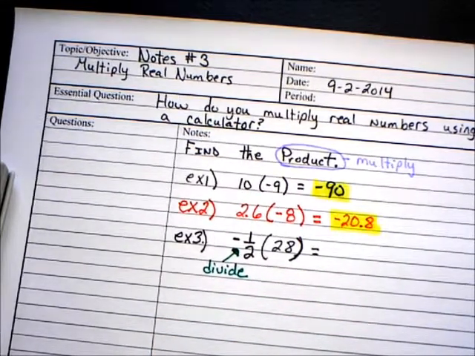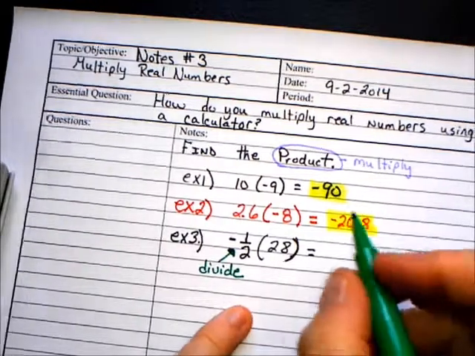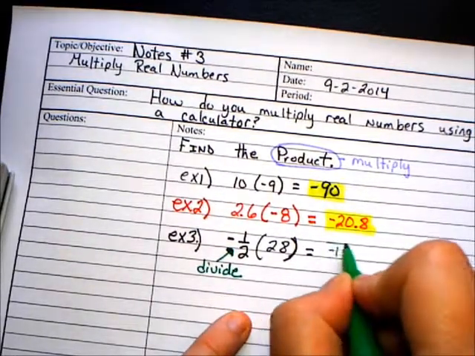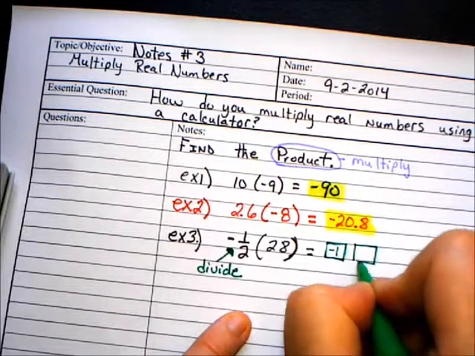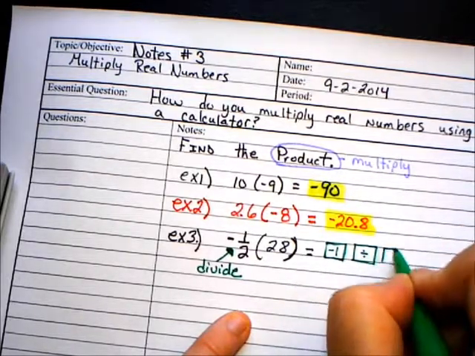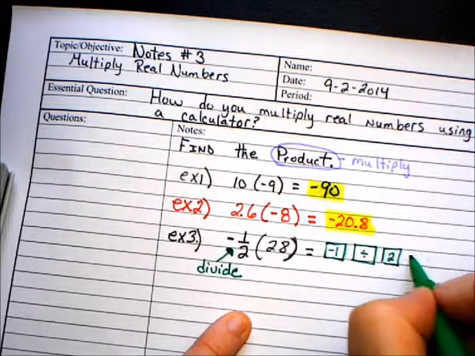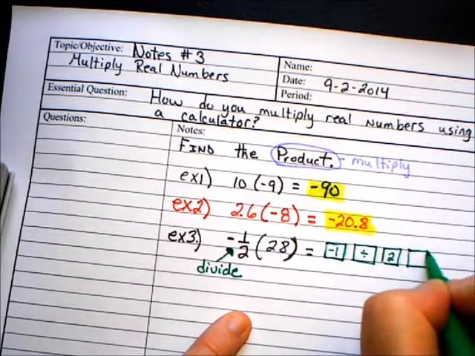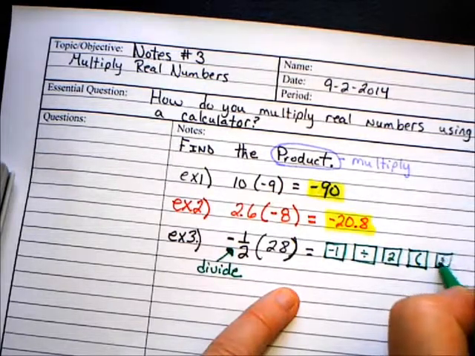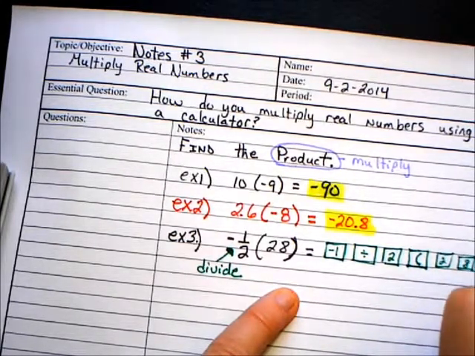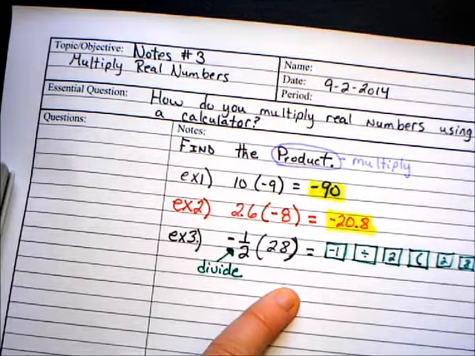So if I was actually typing in the buttons, this would be a negative 1, and then I would push the actual divide button, and then I'd have the 2, and then I would press the open parentheses, the 2, the 8, and then the close parentheses.